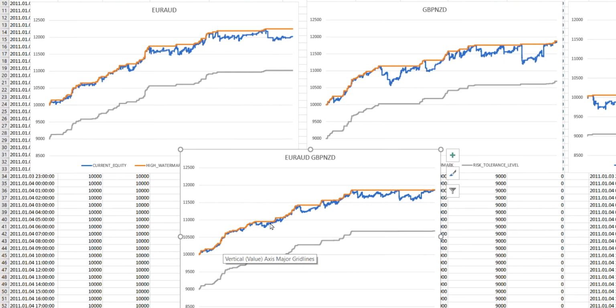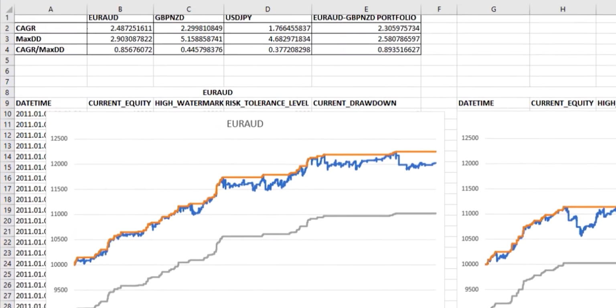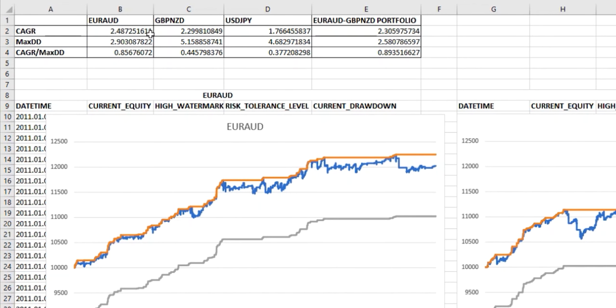And that equity curve just looks that little bit smoother. We can now look at the metrics and see that the maximum drawdown for Euro Aussie was 2.9 and 5.1 for Pound New Zealand dollar. And just like we suspected, the drawdown from the combined portfolio is less.